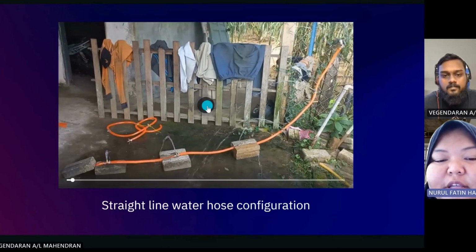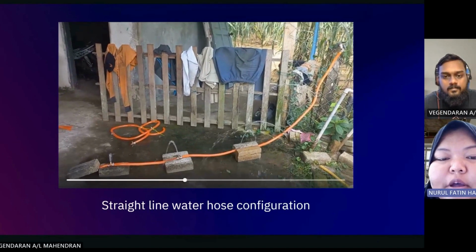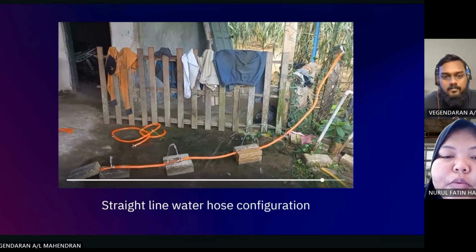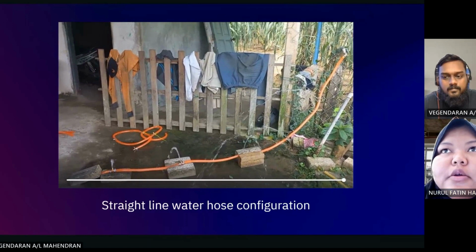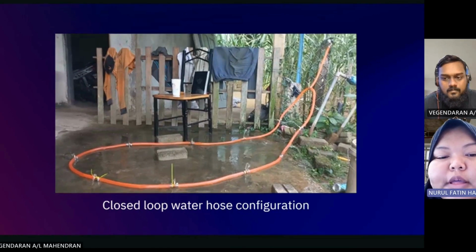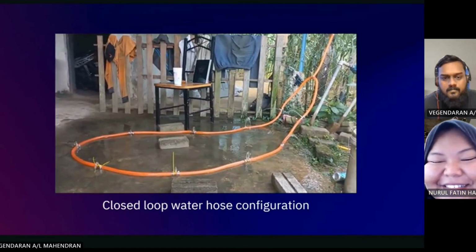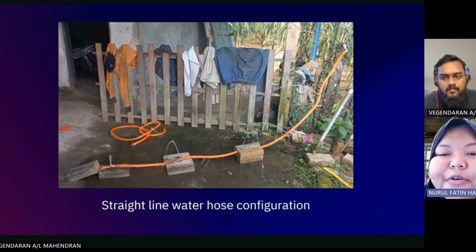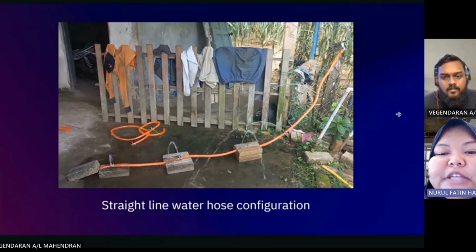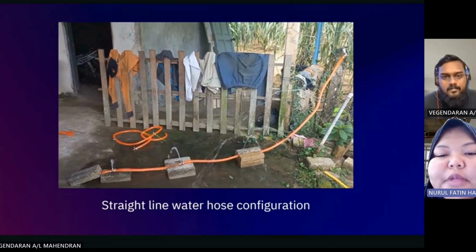Here we have a 215 cm straight pipe, and we have five holes. With the five holes, we can calculate the pressure, the flow rate, and the velocity.